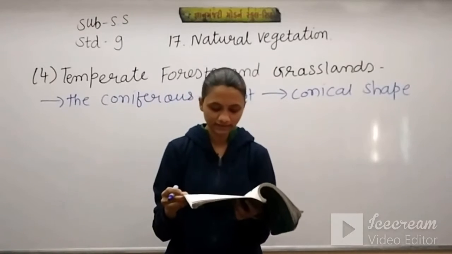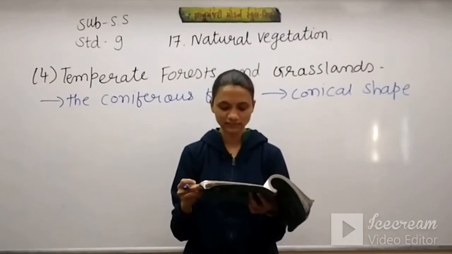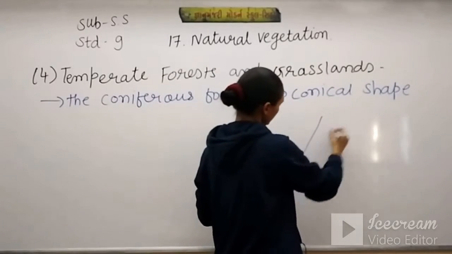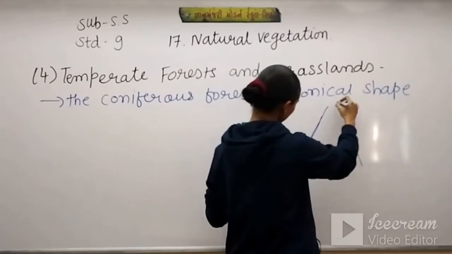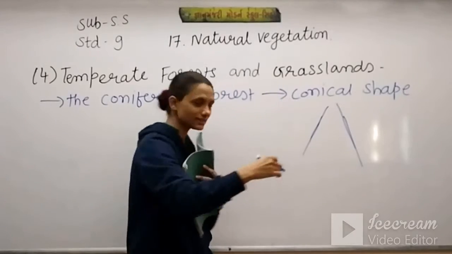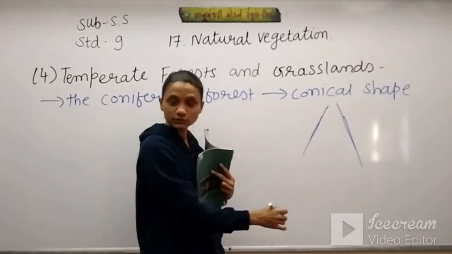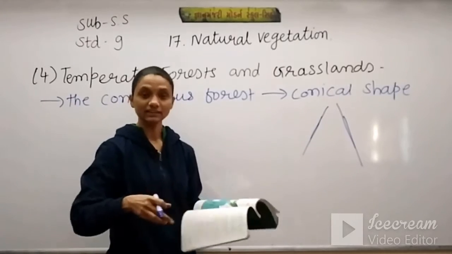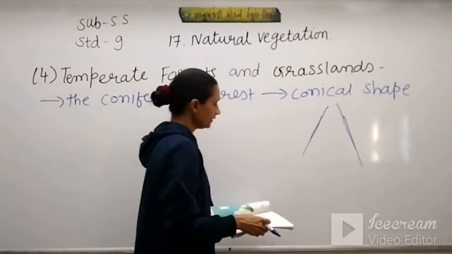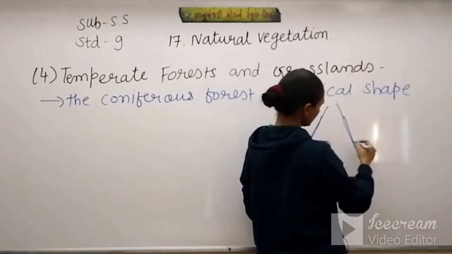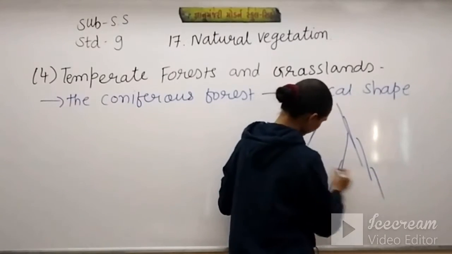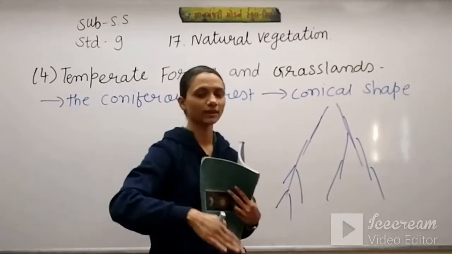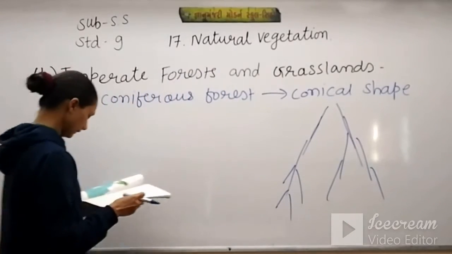Their branches lean towards the surface so that the snow can easily slide down towards the land. Suppose these are the branches of the tree. These branches lean down to the ground so that snow can easily slide down. You have seen this kind of scene: the trees have this kind of branches so that snow can slide down to the land.